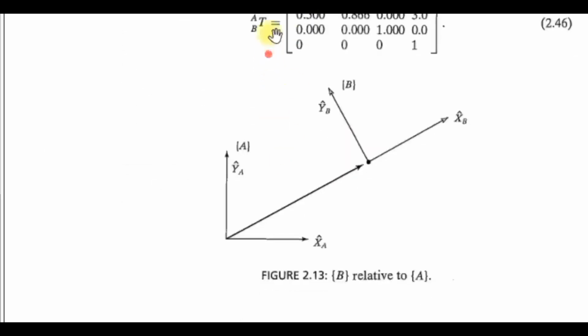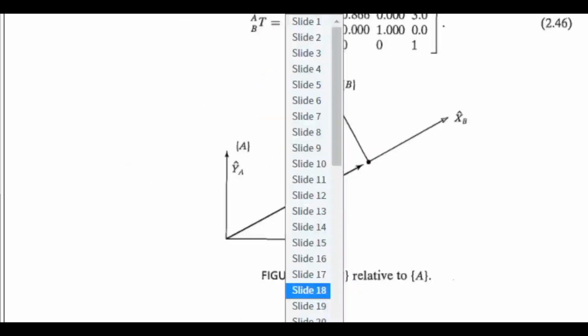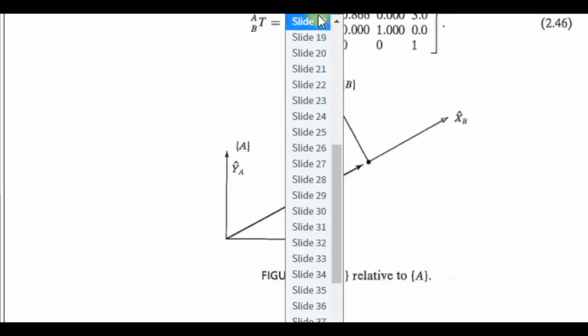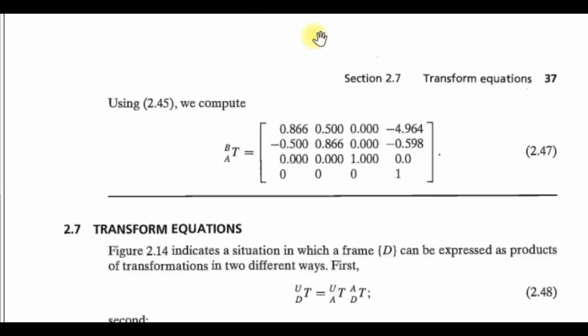Since it is orthogonal, they are all the same. So here, I already said that you have to take the transpose or the inverse.